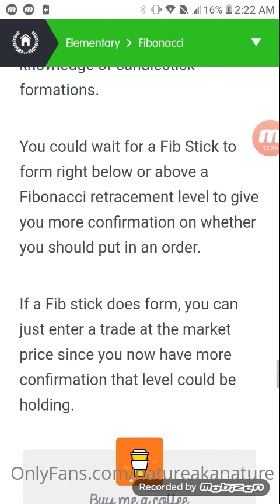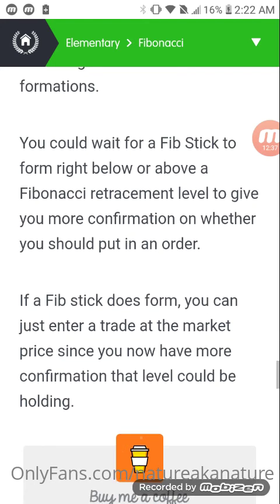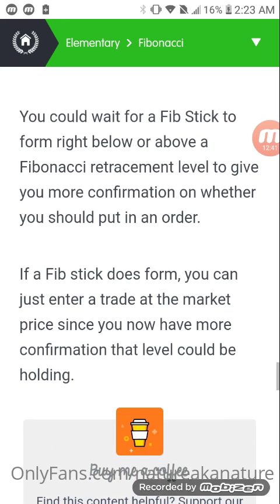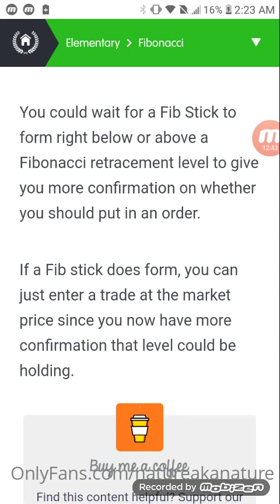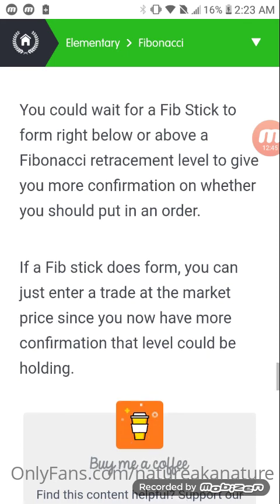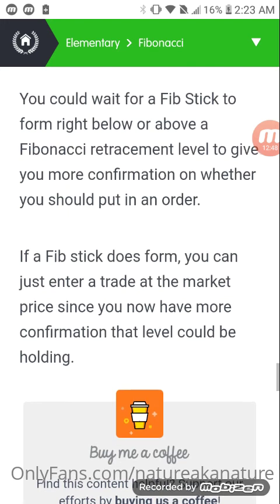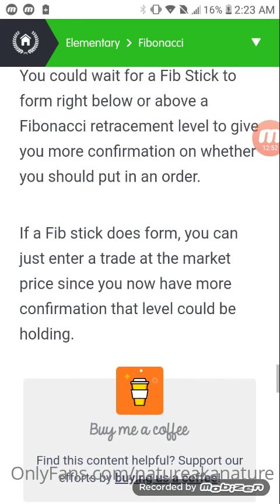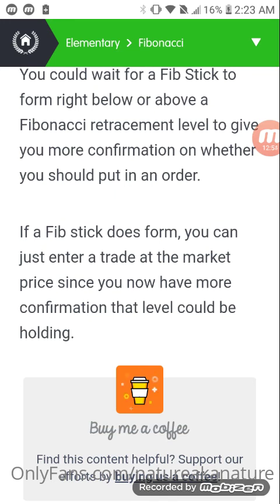So when Fibonacci candlesticks form on Fibonacci retracement levels, you can just enter at the market price, since you have more confirmation after you see the candlestick patterns that form on those levels. You have more confirmation that those levels could be holding.